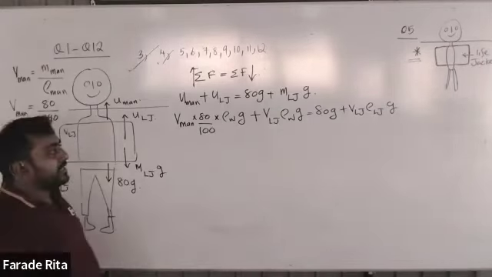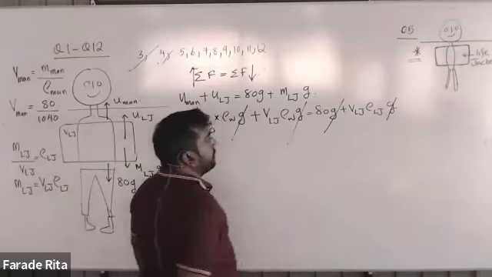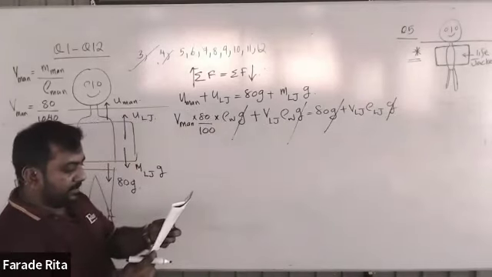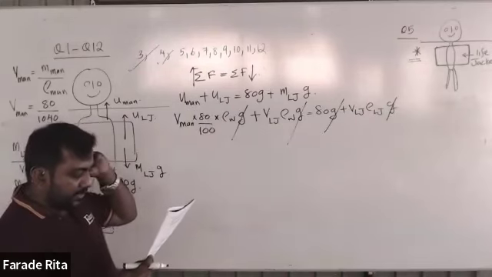So now you can easily solve this, no? All the g's cancel off. What's your objective? Your objective is to find the volume of the life jacket, or volume of the plastic.